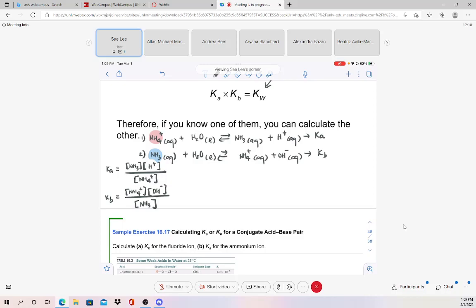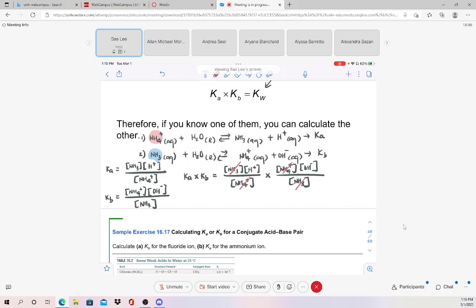Then the product of Ka and Kb is basically this multiplied by this. I'm just going to rewrite that. And as you can see, the NH3 concentration cancels out.